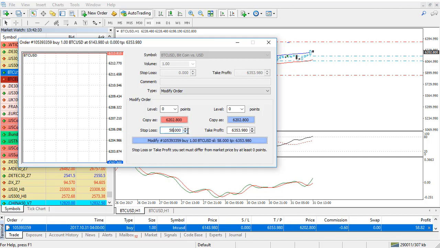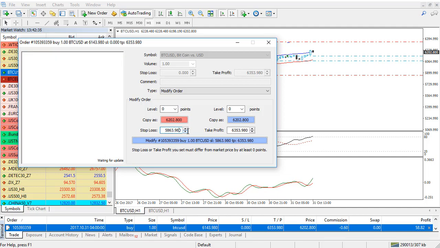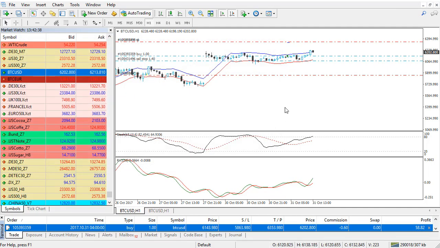So it's 5863.98. And if I modify it, you will see now that the stop loss and the take profit match exactly. You should not see two different lines here, meaning that if now the price reverses and goes down to this level, I will be entering into the short trade, but when it hits this level, okay, I will be out with negative of 280 from the first trade and positive 294 from the second trade.